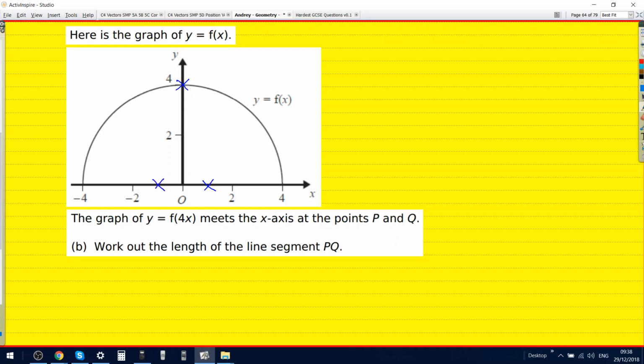Yeah. And then what question are they asking us? Work out the length of line segment PQ. Was PQ those 2 points? So is it just 2? Yeah, it's 2. That's it, because it's where it meets the x-axis. Okay.